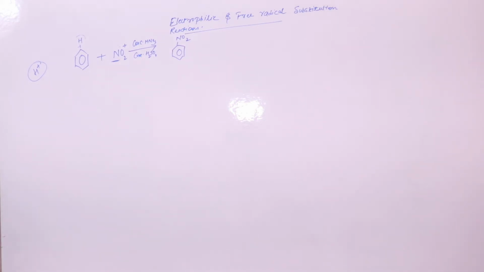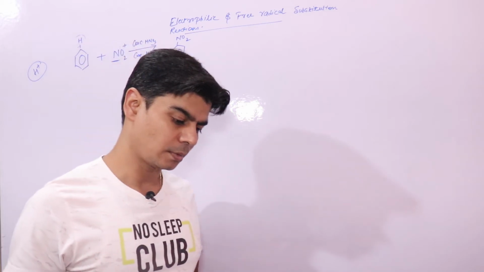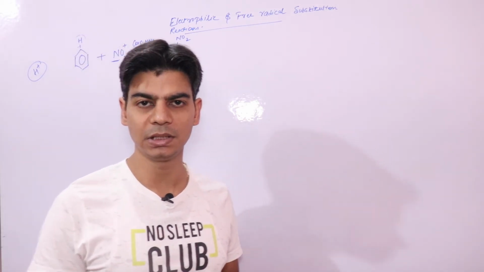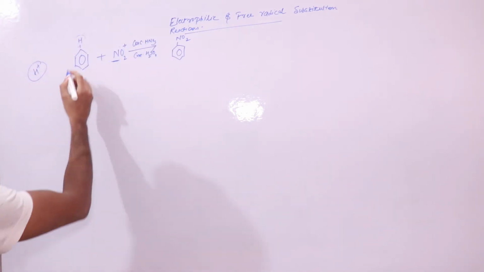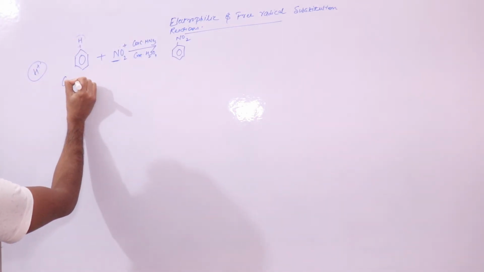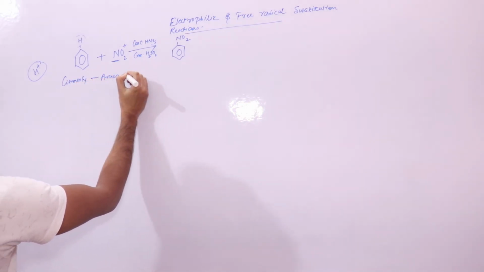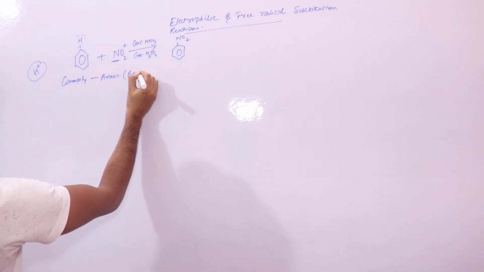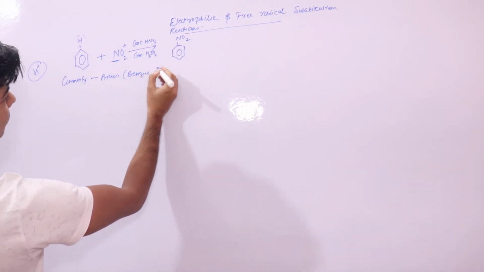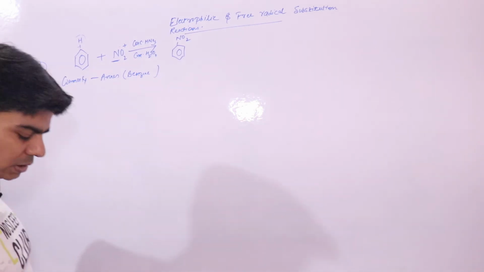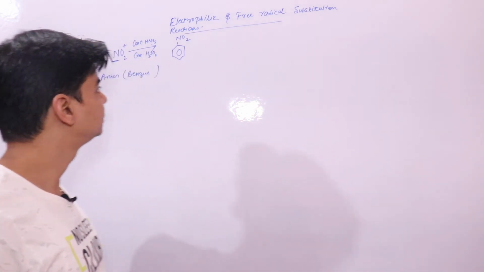Mainly we see these electrophilic reactions in arenes. Arenes are compounds that contain a benzene nucleus. These reactions are commonly seen in benzene and compounds of benzene, and less commonly seen in alkanes.